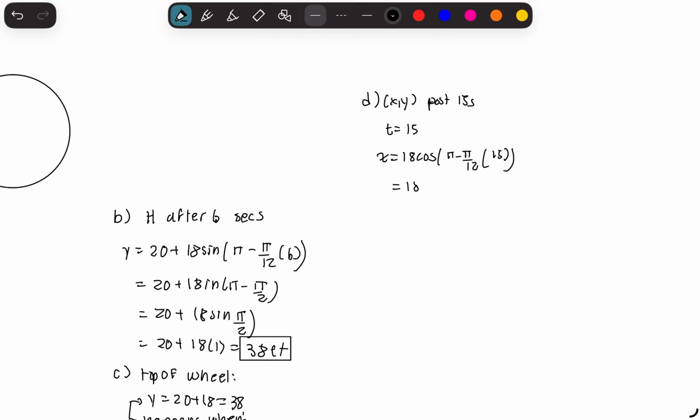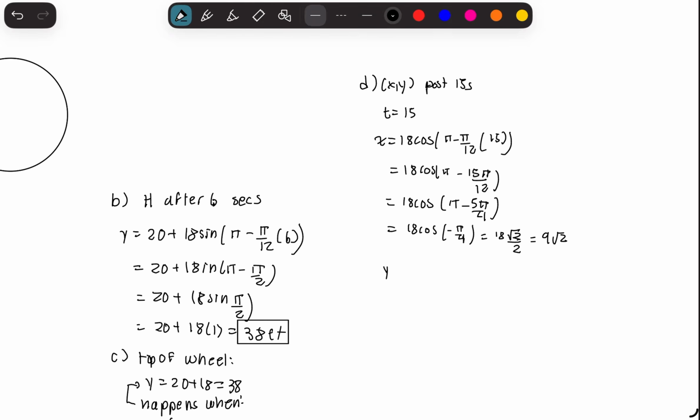Now, this is 18 cosine of (pi minus 15 pi over 12), 18 cosine of (pi minus 5 pi over 4), 18 cosine of negative pi over 4. 18 root 2 over 2, 9 over the root of 2.